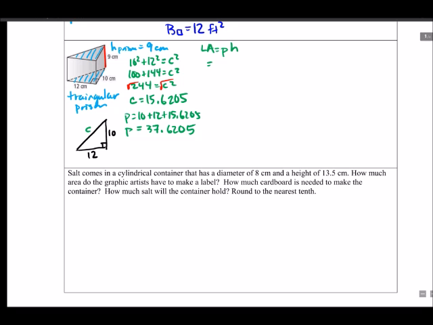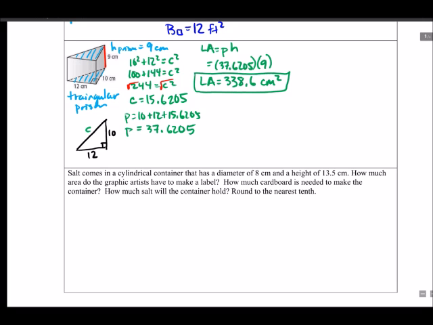So my perimeter is 37.6205. Height of the prism is 9. My lateral area is, put that in the calculator, 338.6, and that's centimeters squared.